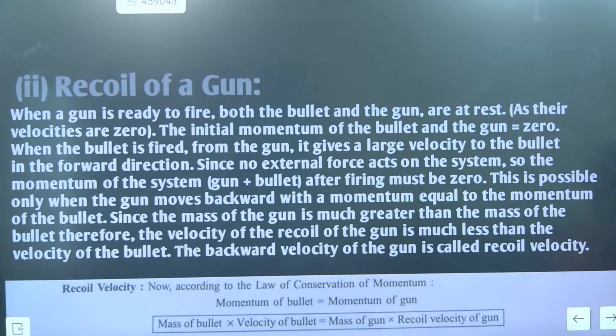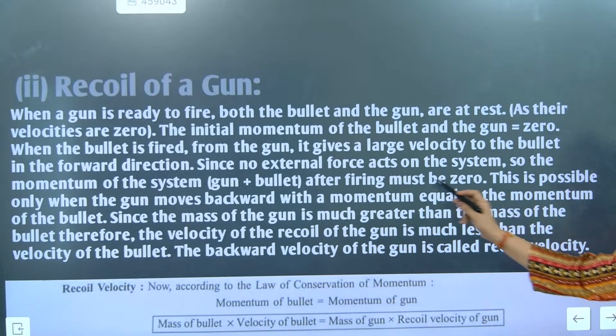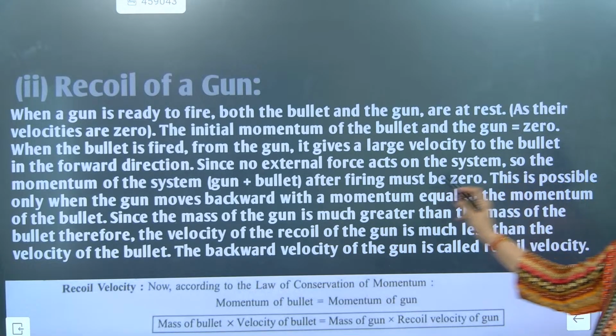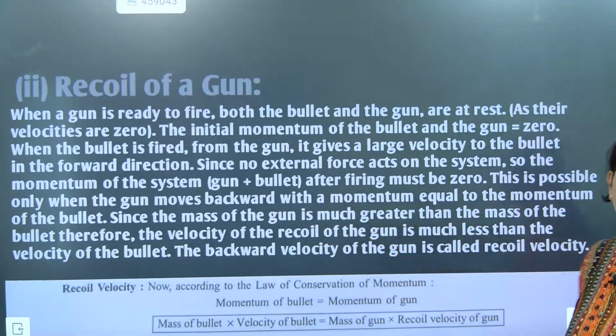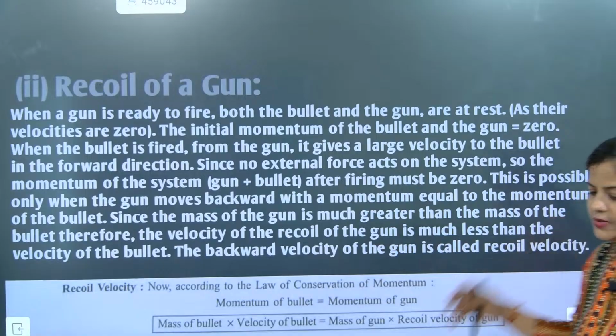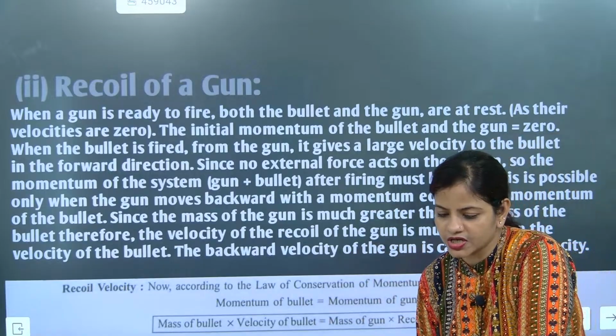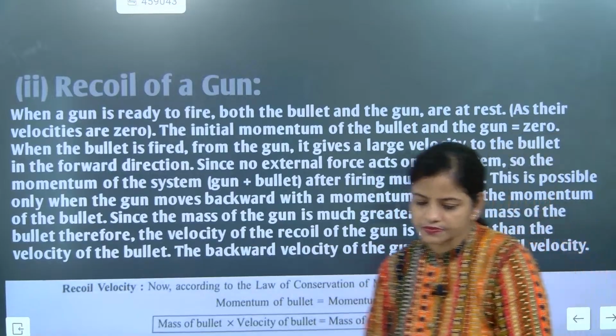So the initial momentum of the bullet is 0. When the bullet is fired from the gun, it gives a large velocity to the bullet, and the bullet will be going in the forward direction. Hence no external force acts on the system, but the momentum of the system, that is gun plus bullet, after firing must be 0, and it will be exactly providing the opposing motion.